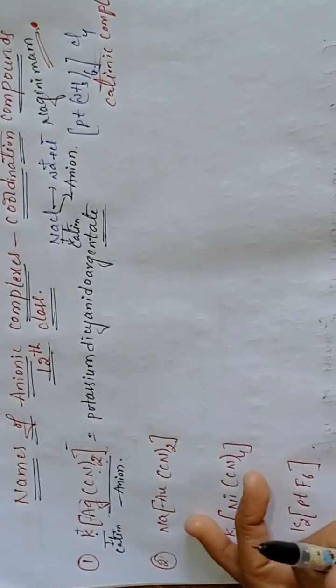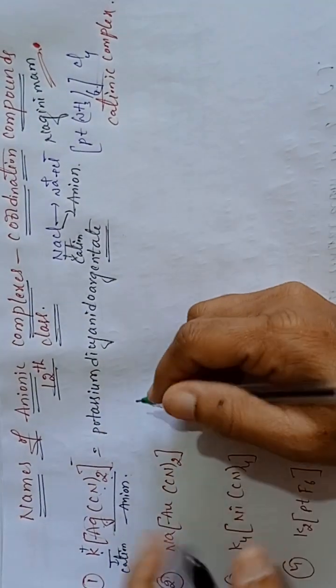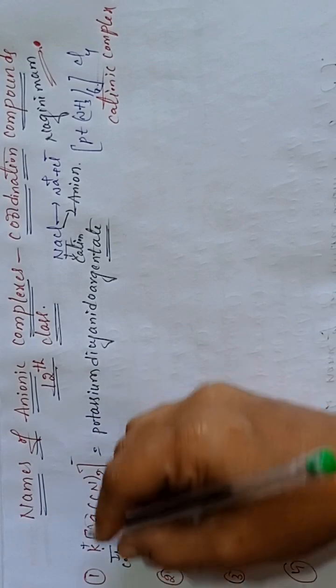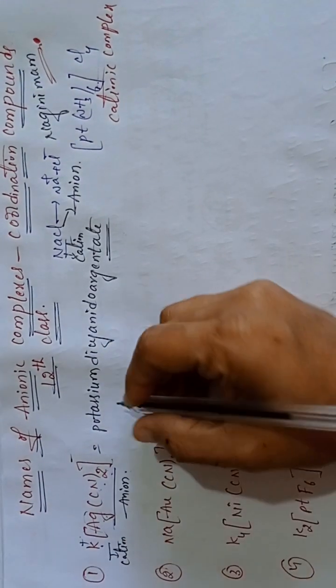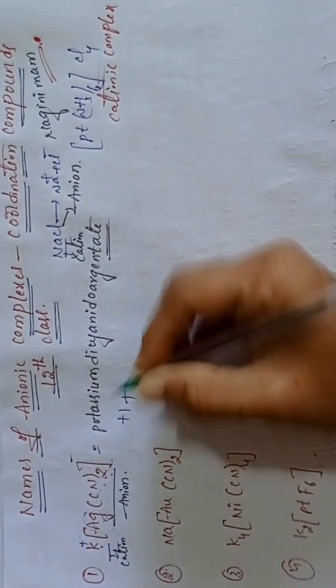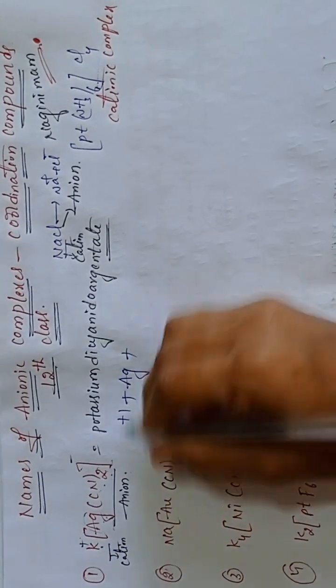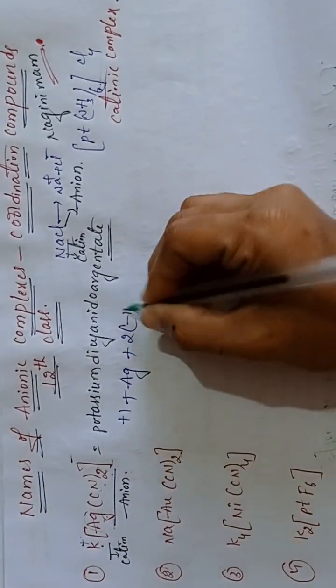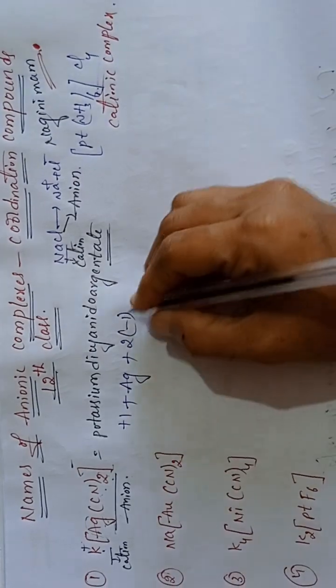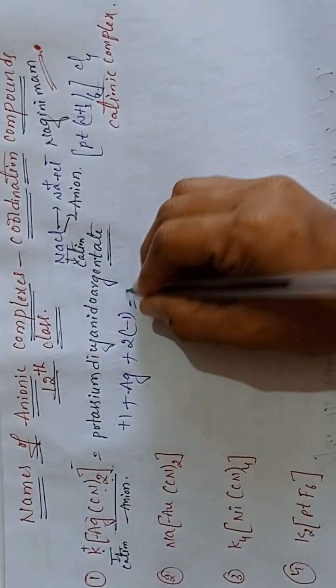We have to find the oxidation number. Calculate. Potassium oxidation number is plus 1. Next, we are going to find the silver oxidation number. Cyanide oxidation number is minus 1, and the total equals 0.